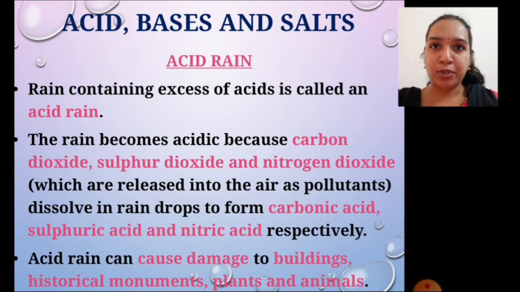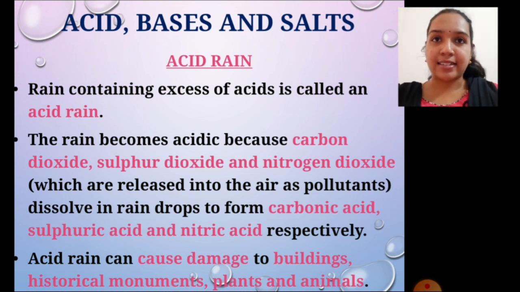The air pollutants released from factories and vehicles like carbon dioxide, sulfur dioxide and nitrogen oxide dissolve in rain and convert into carbonic acid, sulfuric acid and nitric acid.